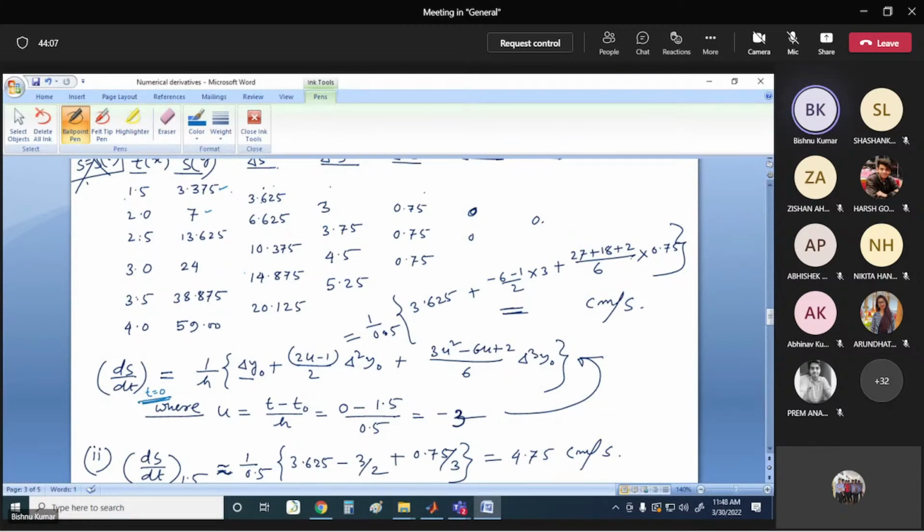So at that time, with the help of Newton forward interpolation, whatever polynomial you get, you take the derivative with respect to t, meaning first with respect to u, and u with respect to t, that is 1 by h. You just multiply on the left hand side and calculate step by step. And these are the upper diagonal elements.